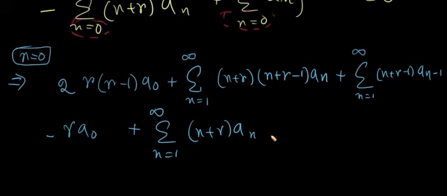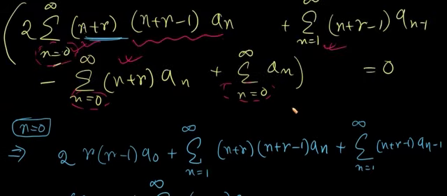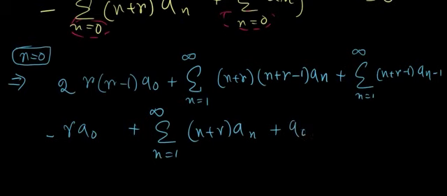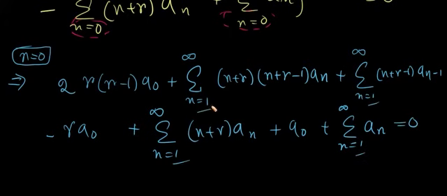And then the last term, again put n equals 0 and evaluate that term. So this is just a of 0, and you start from n equals 1 to infinity, and there is just a of n, right? And this thing is equal to 0, and now all the summations start from and end at the same point.